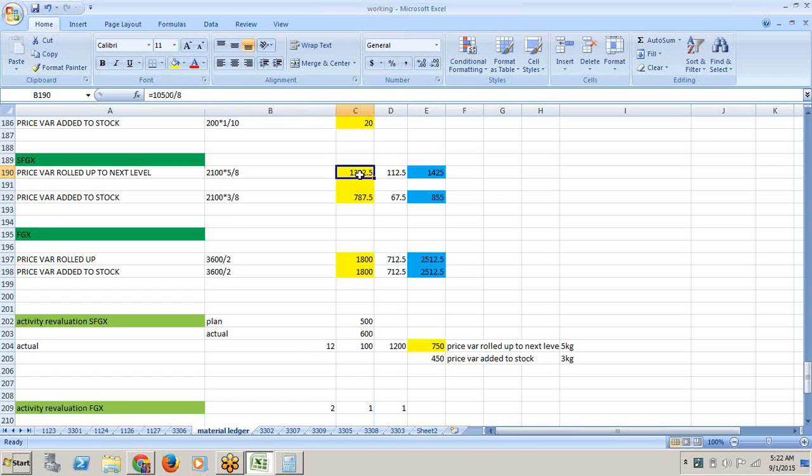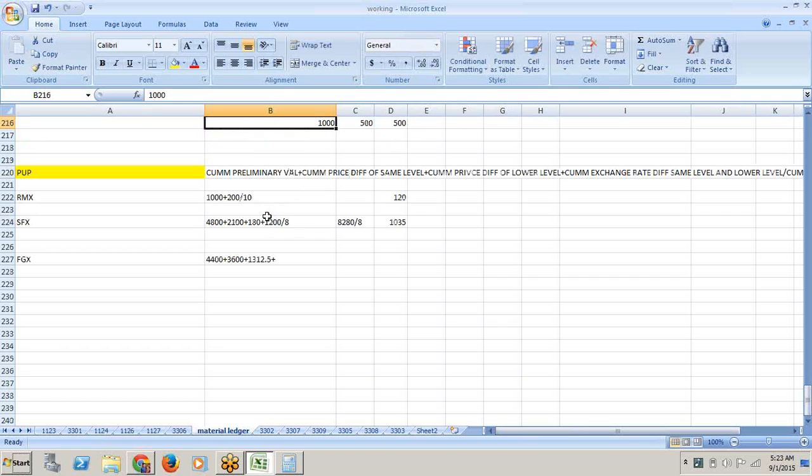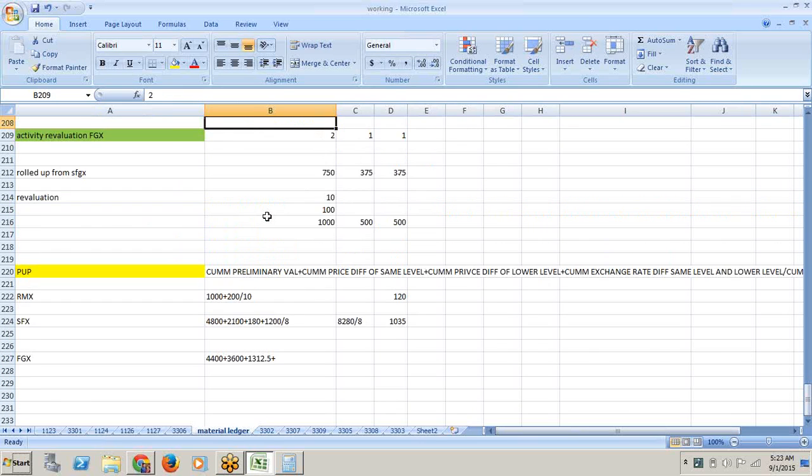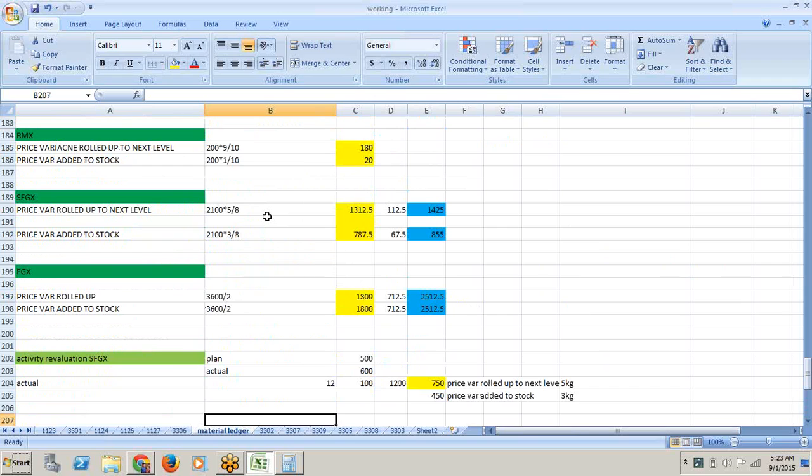Out of this 5 kgs, 1312.5 is rolled up to the next level from the semi-finished goods. Right? And this one also.